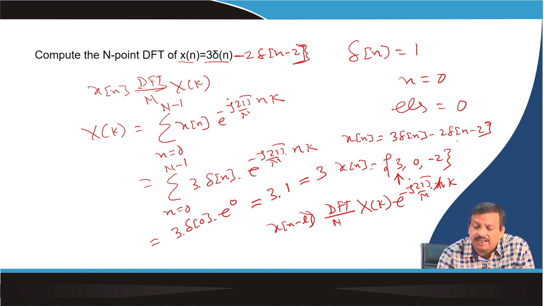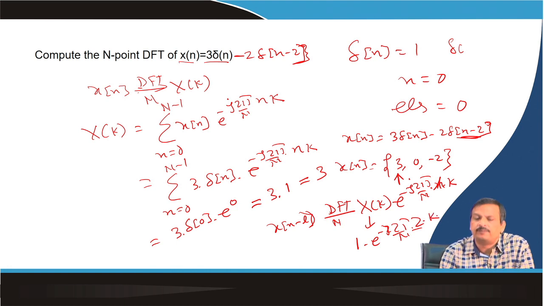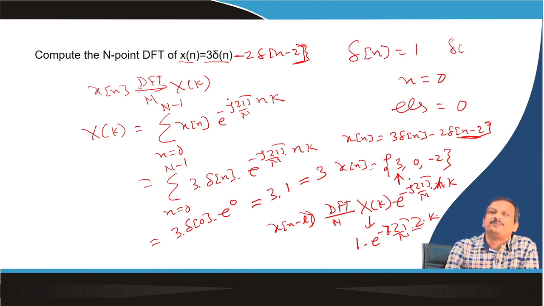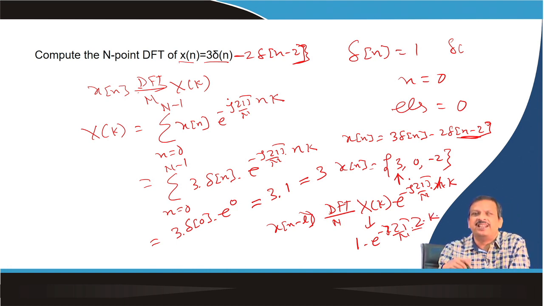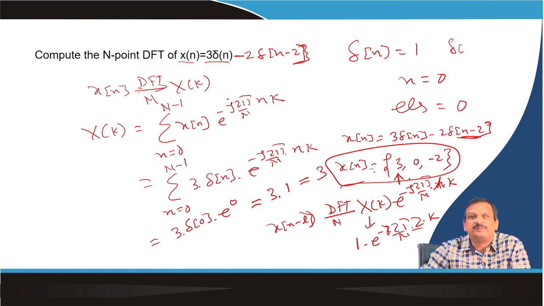So, if I say it is delta n minus 2, that means delta is 1 at 2. So, it is nothing but 1 at e to the power minus j 2 pi by N into 2 into k. So, from the property I can directly calculate, or I can take the signal and calculate the DFT.